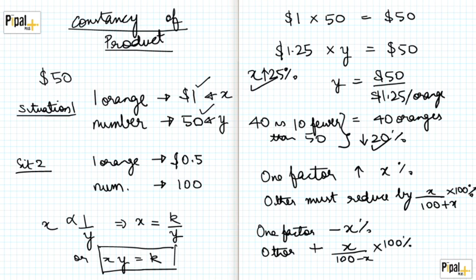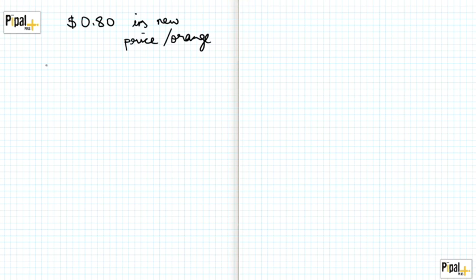So let's take an example. If the price per orange has to fall to 80 cents, so $0.8 is the new price per orange, this is a fall of 20% over the original price of $1.